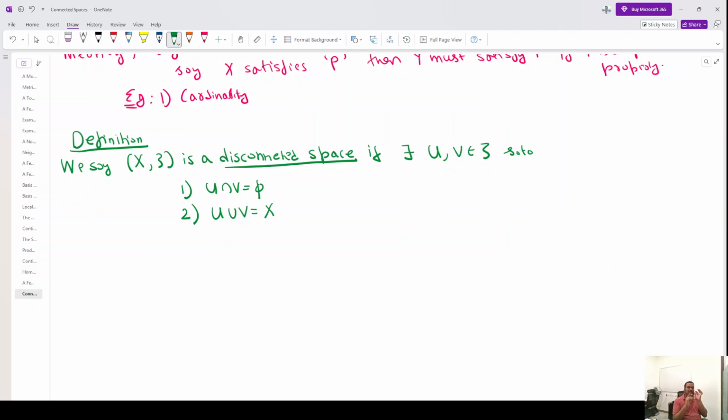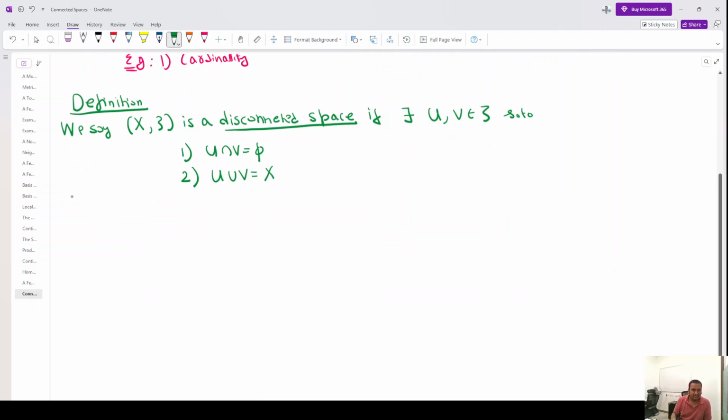Makes sense, right? If you take two points separately, that is your space, just two points. And if you take, say, topology to be discrete topology. Okay, I want to consider this example. Oh, let me just complete it.